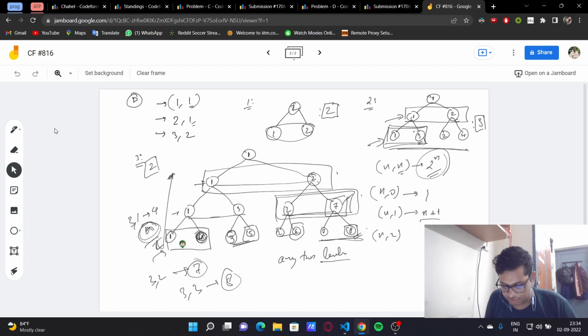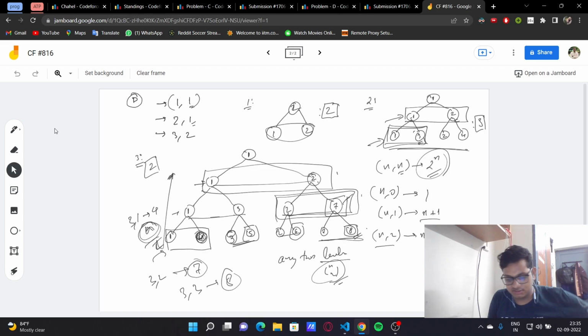And there are NC2 ways to do this. So in the case of n comma 2, the answer will become n plus NC2 plus 1.